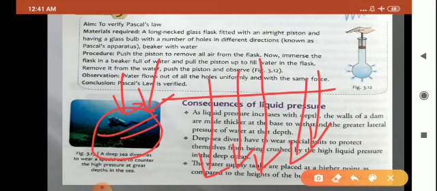Okay, the pressure of the water is very much, because as you know that as you go deep inside the liquid, pressure increases.